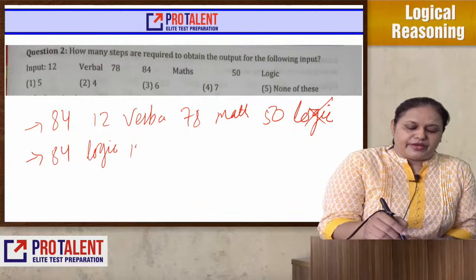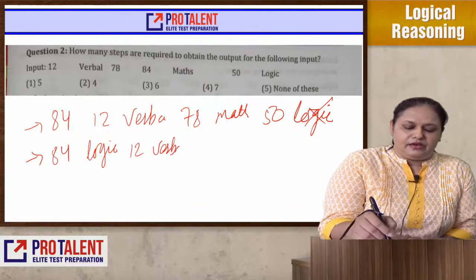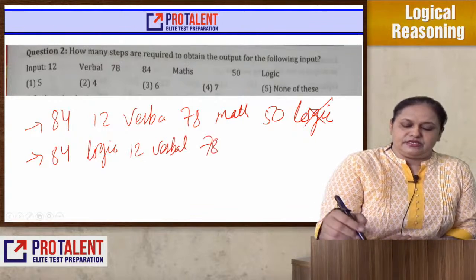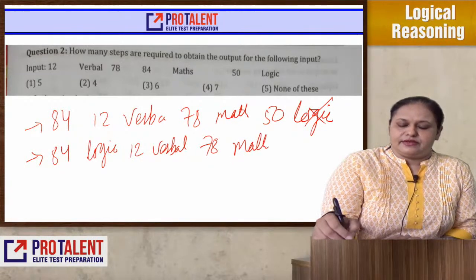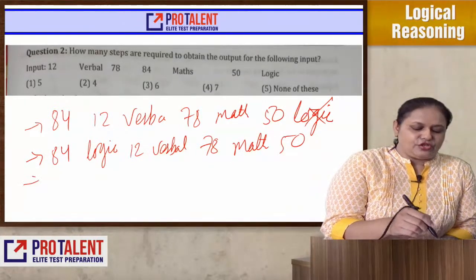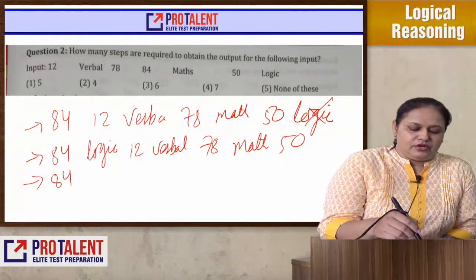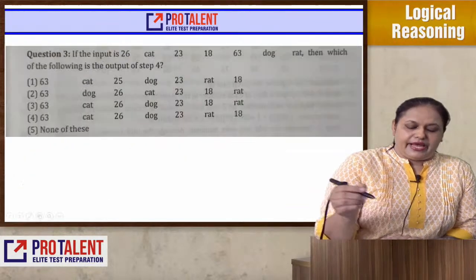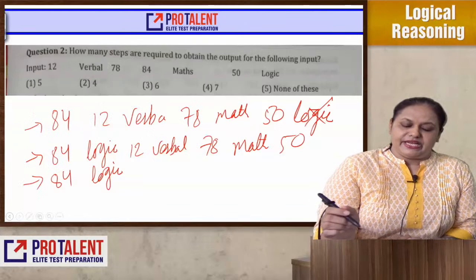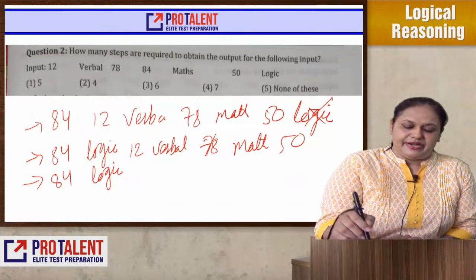Okay, so 12 verbal, 78 maths, 50. Then the next logic would be 84 logic, and the next number is 78.